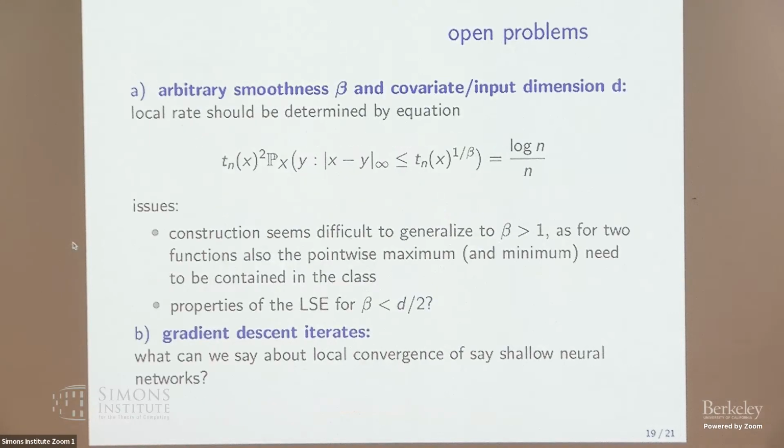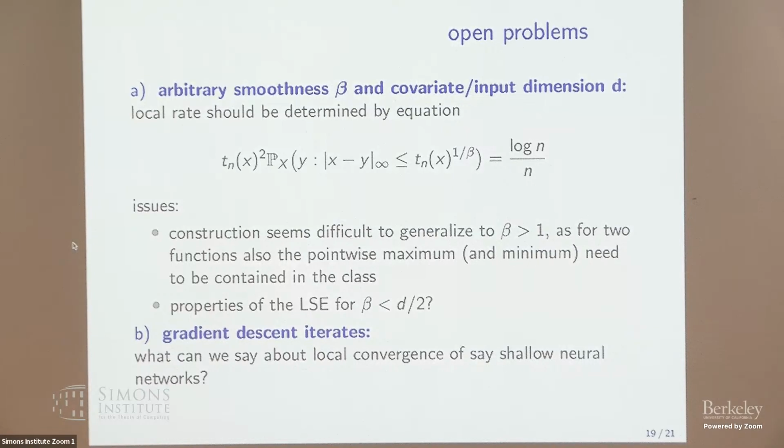Now, here are some extensions. One thing that really bothers me is that when I started this, I thought we can do general smoothness and general dimension, and it's also clear what the local rate is in this case. Well, we couldn't work it out. The thing is that we really needed our function class to contain the maximum and the minimum of its functions.